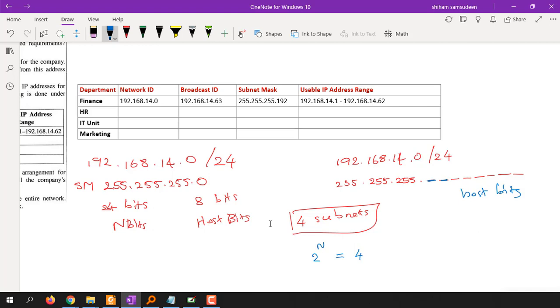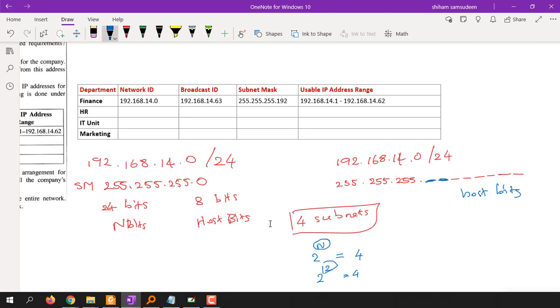So we need to find out how many network bits we require. The 4 is basically 2 to the power 2, right? So we need these 2 bits, the first 2 bits, to represent the 4 networks.